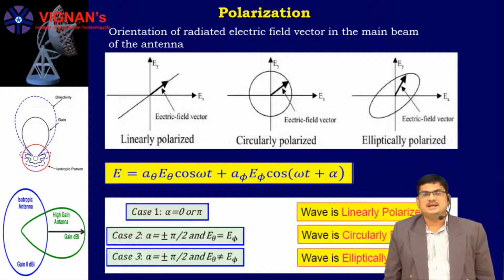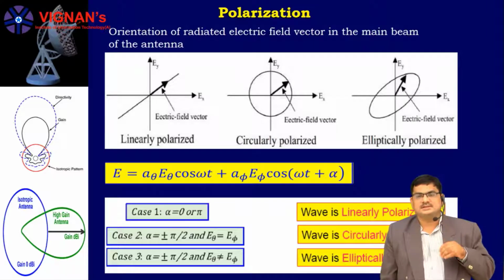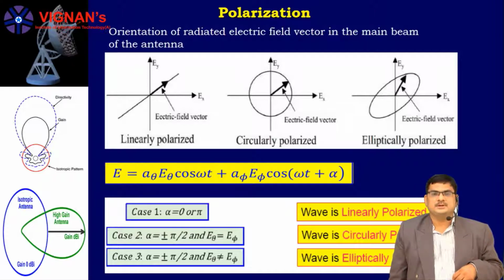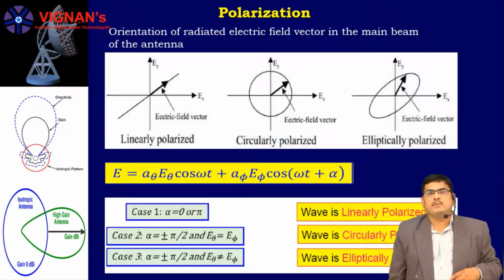In linear polarization, the electric field vector is traced in a single line with respect to time. If your electric field is in the vertical direction, it is called vertical polarization.